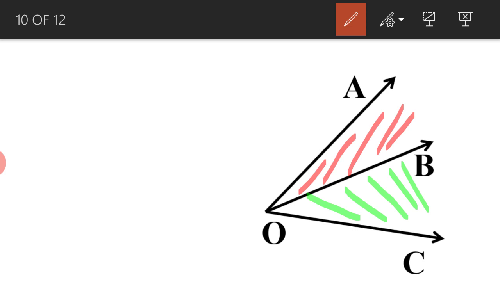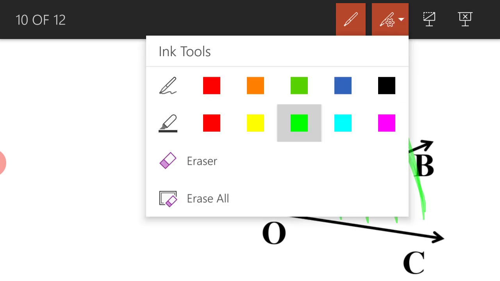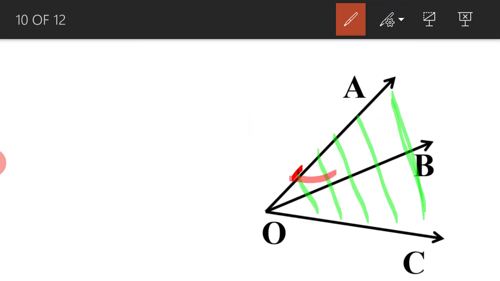But on the other side, if we talk about angle AOC, I am representing it with green, and angle AOB with red, do you think that some portion is common? Are they having common interior? Yes. Can you see the portion shaded with green as well as red?